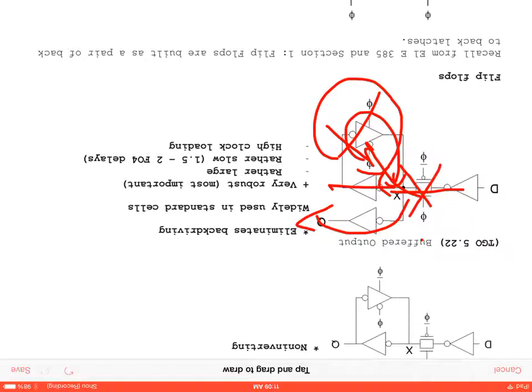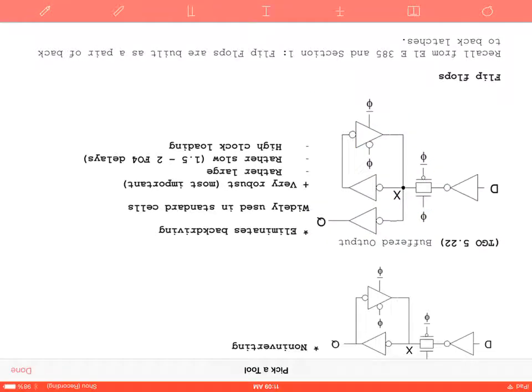When the transistor is off, we're going to be using the sequential element to be able to loop. However, it has a significantly larger size than your typical transmission gate. It's slower, but it eliminates a lot of those problems. And typically, you're going to see buffered output.